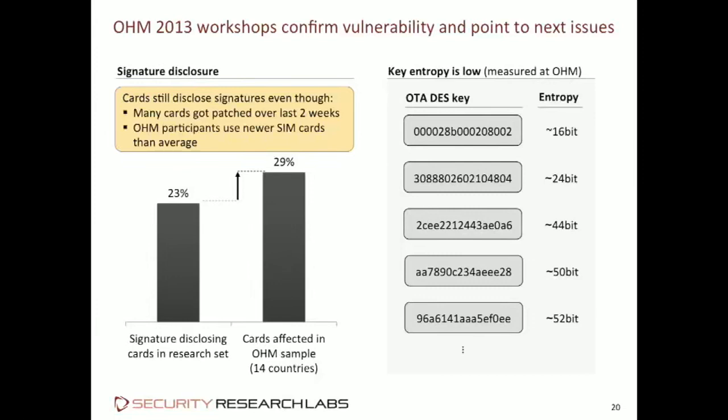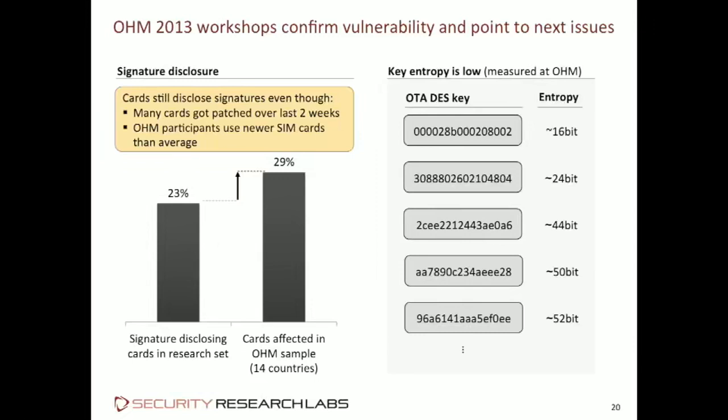We did actually think that by now already a lot of cards would have some of these bugs disabled. My colleagues here for the last 3 days and today again ran a workshop here to test cards, and many of you came and, thank you, had your cards read out by us.